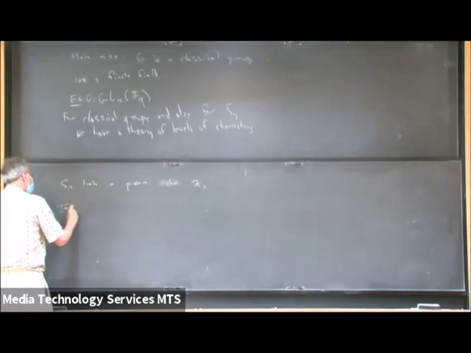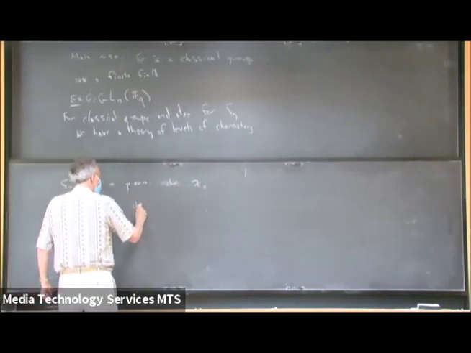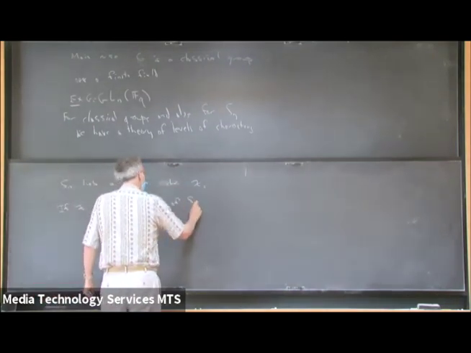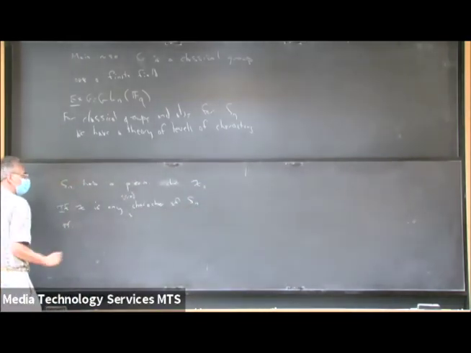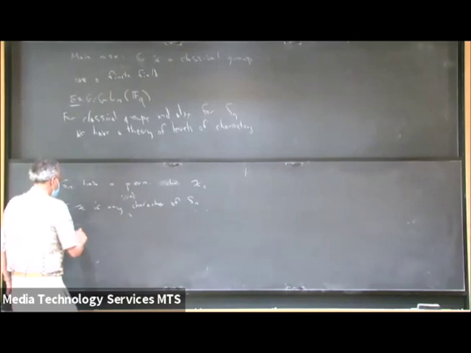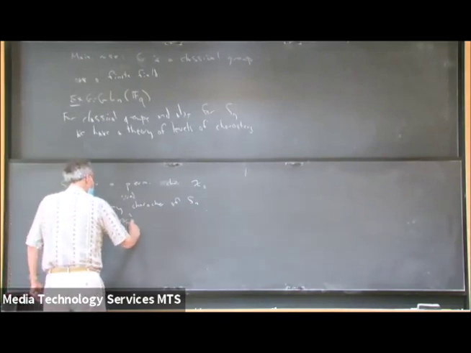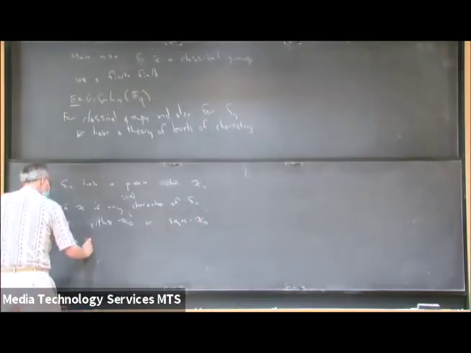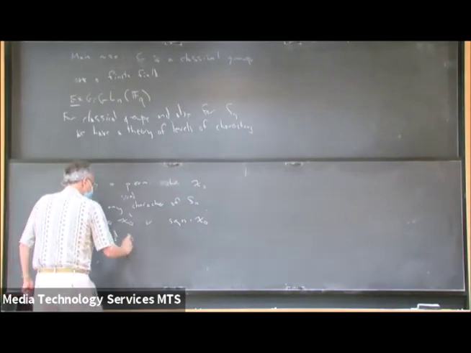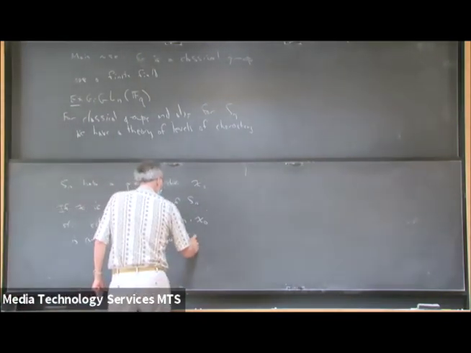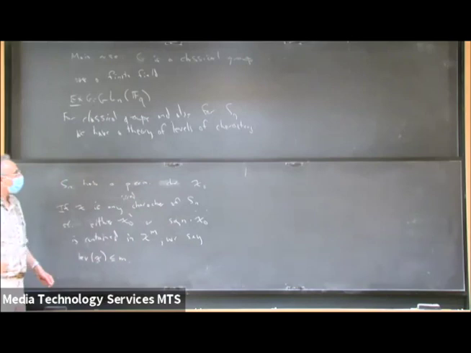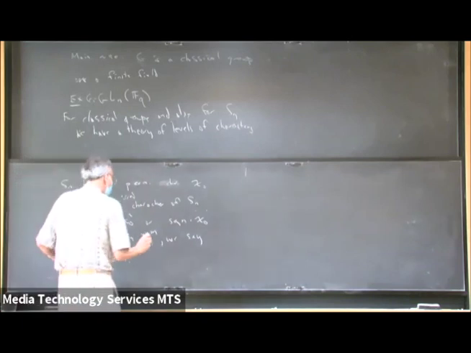So if chi is any irreducible character of S_n such that either chi or sign times chi is contained as a factor in chi 0 to the m, we say that the level of chi is less than or equal to m.